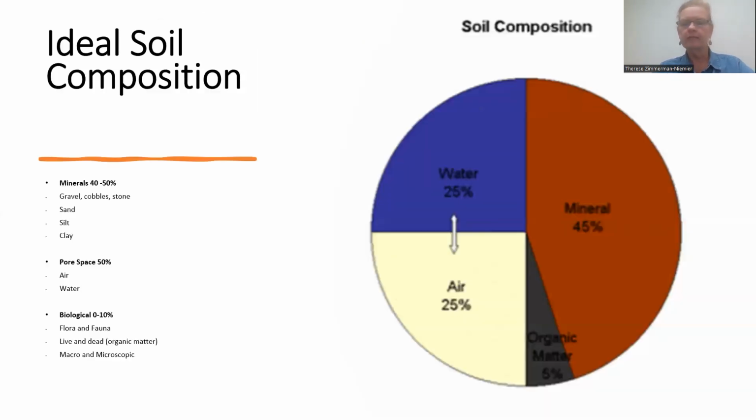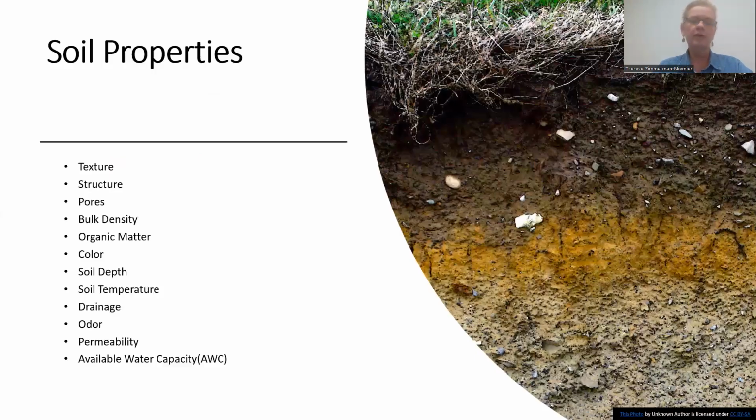So soil is made up of 5 basic ingredients: air, water, minerals, and organic matter. And this little slice of the pie called organic matter is where our biology lives. When we talk with soil scientists, there's a language for talking about soil, and it includes these 12 concepts.